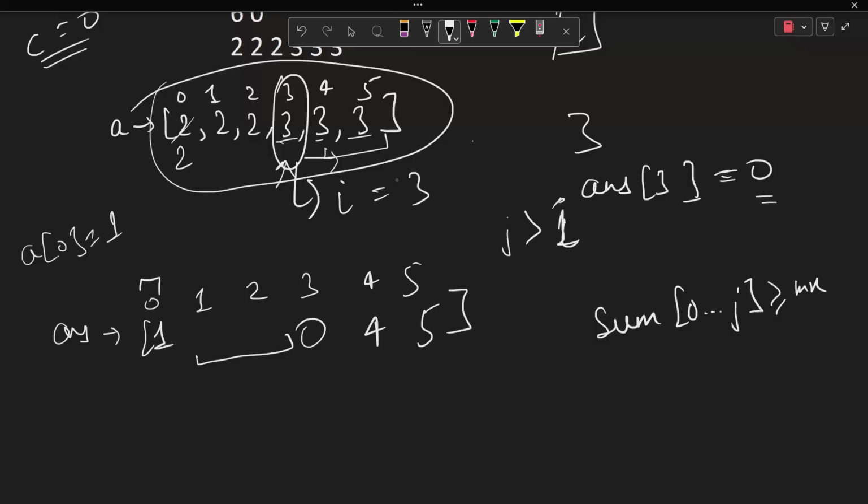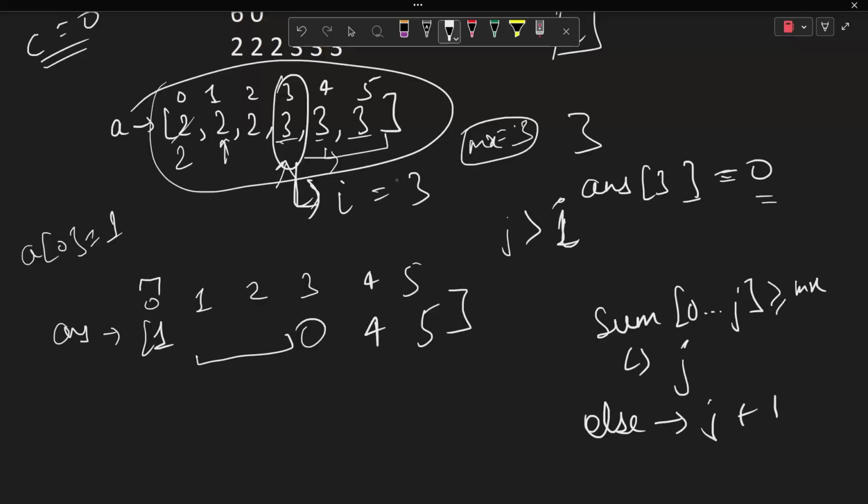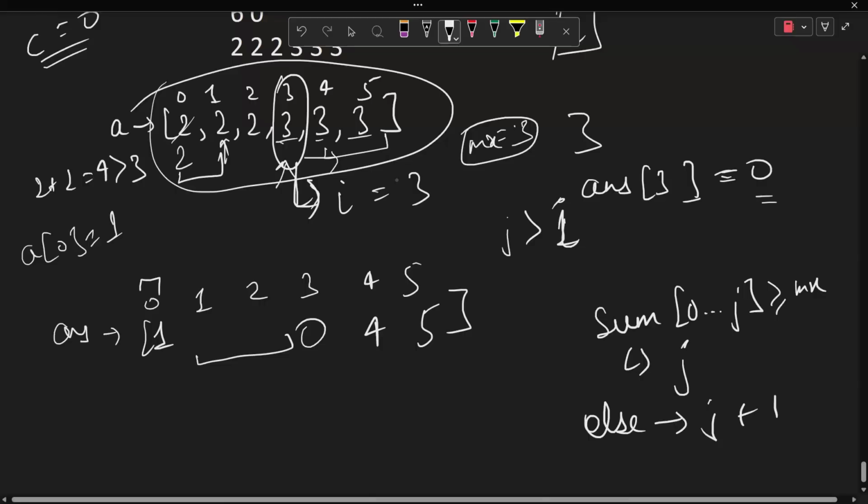It is 3 here, the maximum value at index I. If this sum is greater than mx, then we would say our answer as j, else our answer as j plus 1. That's what we concluded. So if you look at this particular index, the sum is 2 plus 2 equal to 4, which is greater than 3. So we would have j as our answer, so 1.